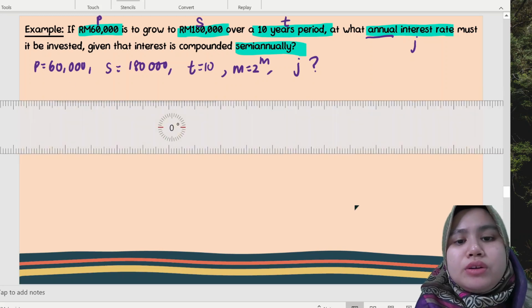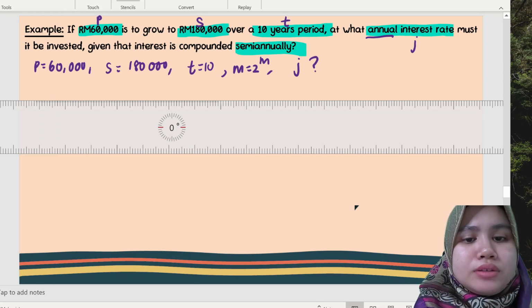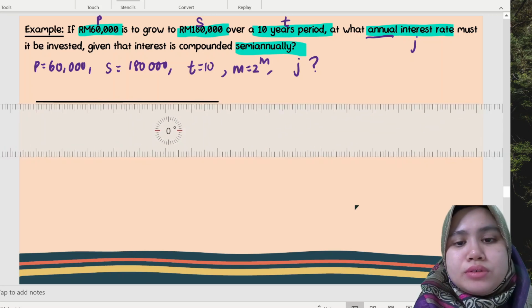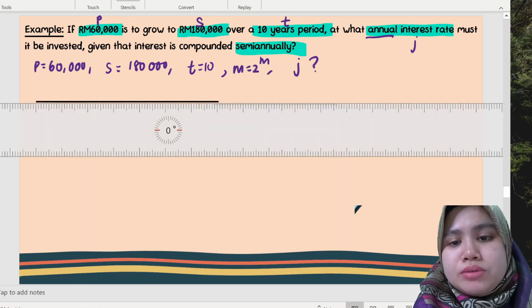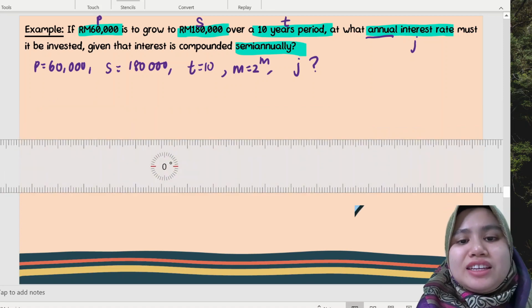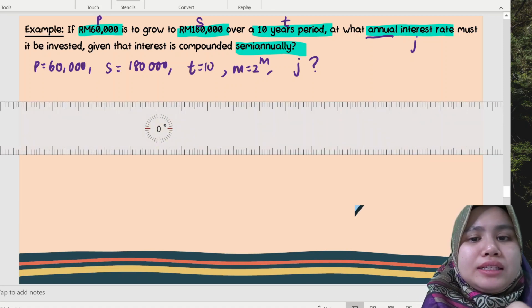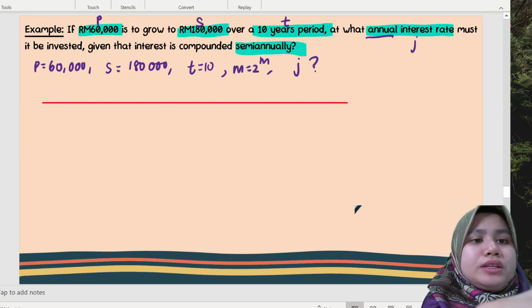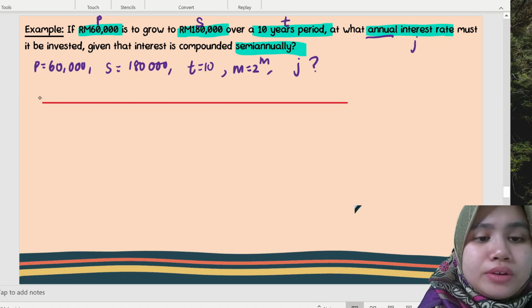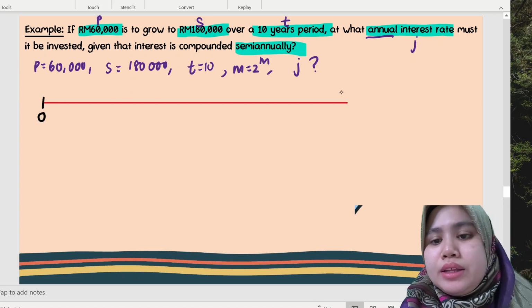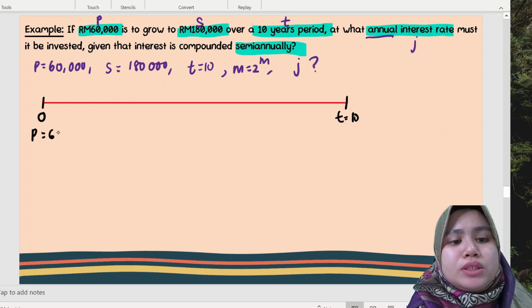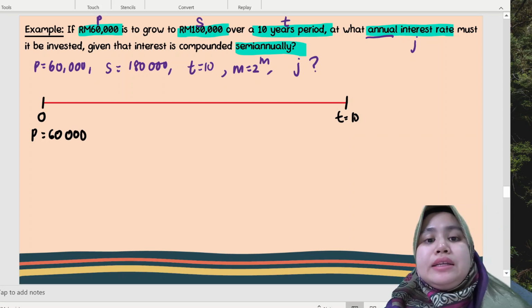So let's draw a line. Here you have time 0 and time 10. At time 0, you invest 60,000.